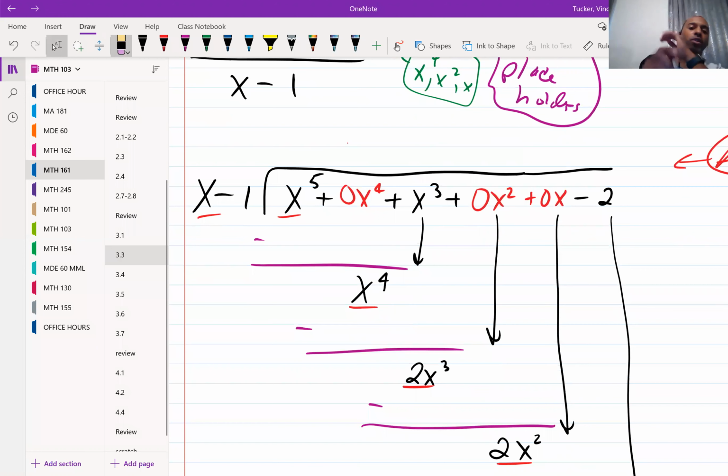All right, so as we did before, we compare the first terms in each. What times x will give me x to the 5th? That is x to the 4th. So take the x to the 4th, multiply it to both down here. That's going to give me x to the 5th minus x to the 4th.